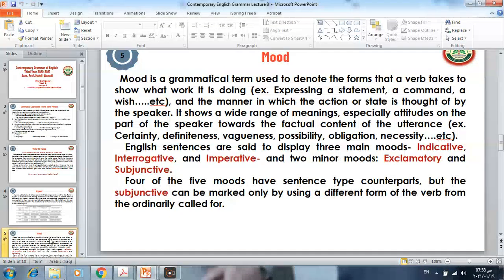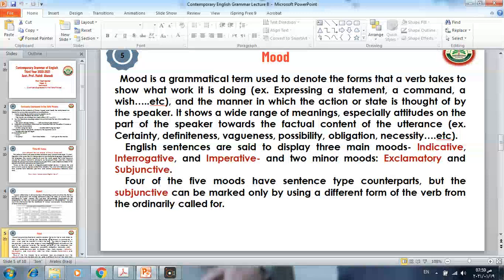English is said to display three main moods, which are the indicative mood, the interrogative mood, and the imperative mood. So these are the three main ones, and two minor moods, which are the exclamatory mood and the subjunctive mood.